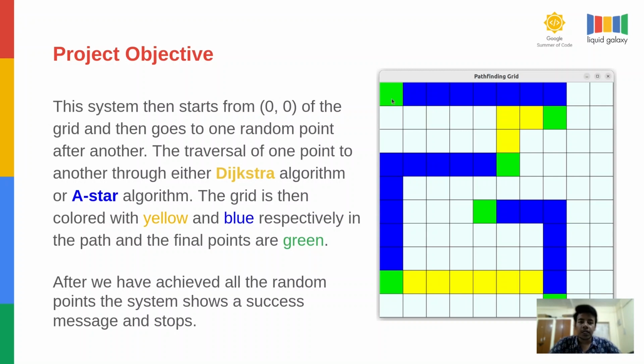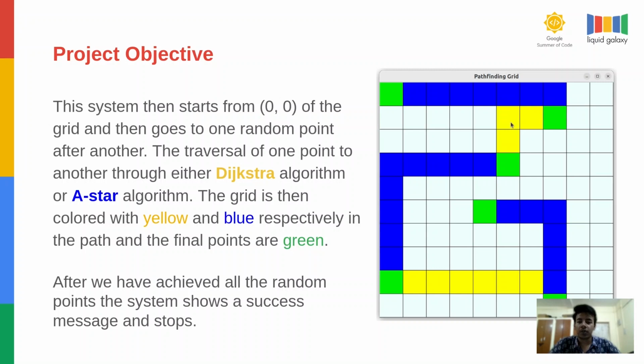So this traversal from one point to another through either the Dijkstra algorithm or the A star algorithm will take place. If a point is reached from this green box to this green box, and the system is using the A star algorithm, then the path will be covered in blue, and if it is using the Dijkstra algorithm, then it will be covered in yellow. For example, from this green point to this green point, we are going through the Dijkstra path planning algorithm.